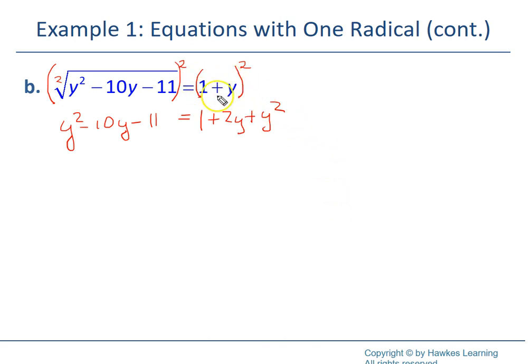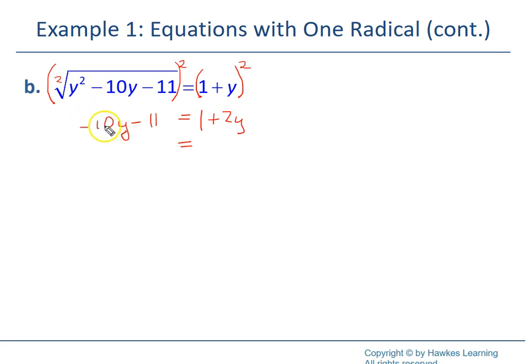So again, using techniques that we worked on in the past, what we can do is subtract a y squared from both sides. So these just go away. And now we're left with a rather simple equation. And we want our y's to be positive.